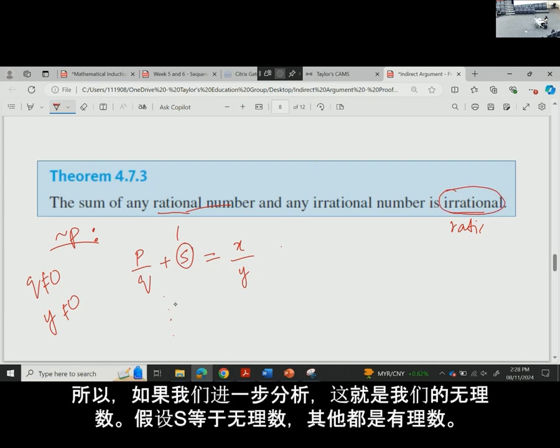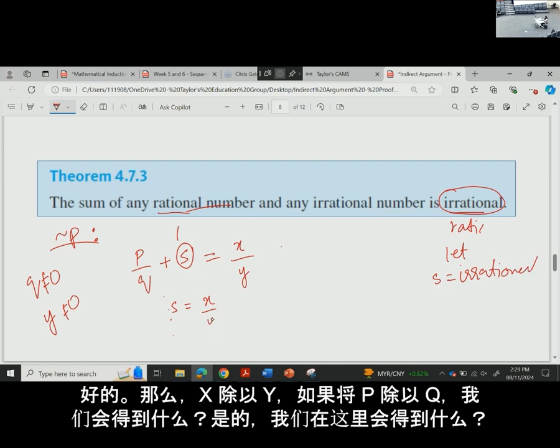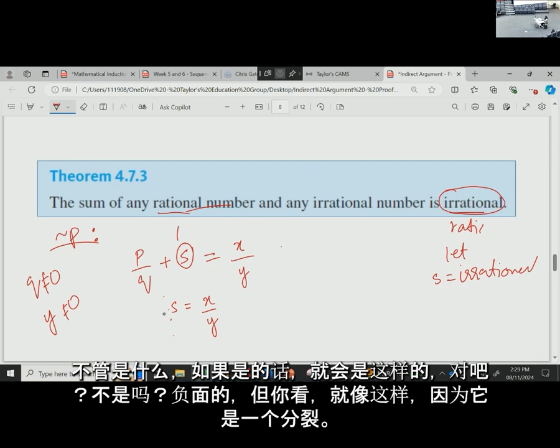So if we further analyze it, this is our irrational number. Let s equal the irrational number, and the other ones are rational. So x over y, if we bring the p over q to the other side, what do we get? Whatever it is, it will be like this, right?